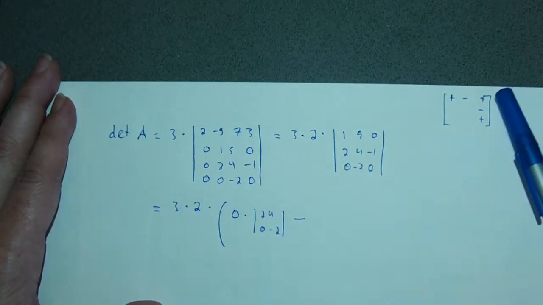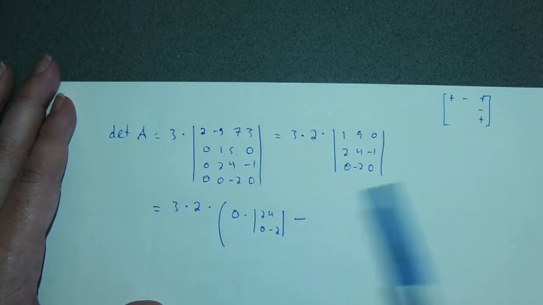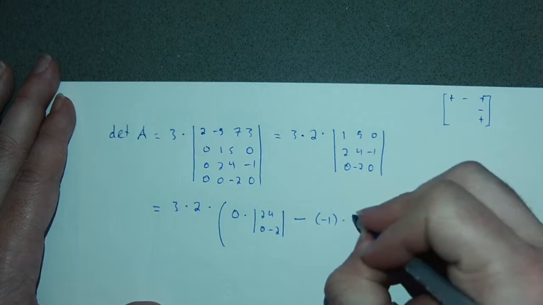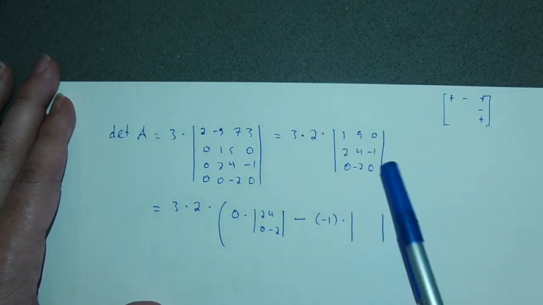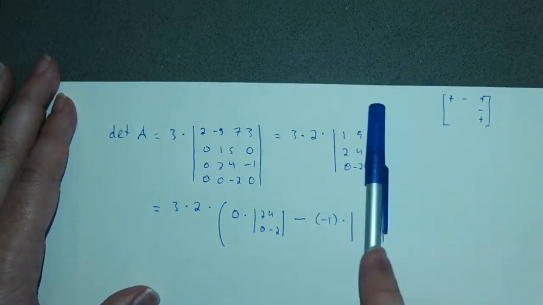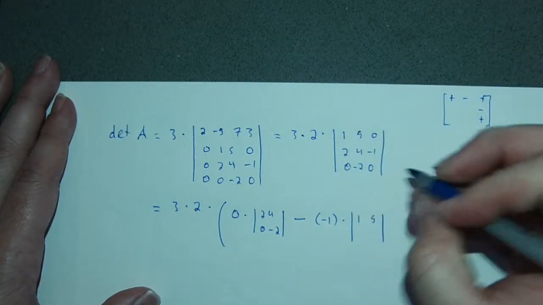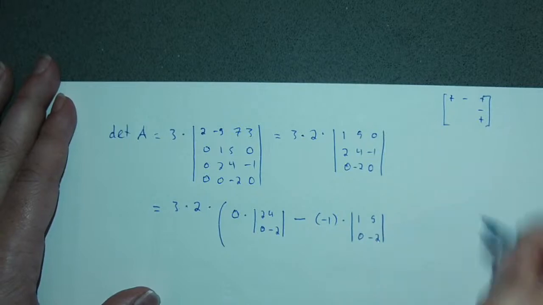Then, plus, minus, plus, so plus 0 minus minus 1 times the determinant of the 2 by 2 I get from deleting the last column and second row. So that's 1, 5, 0, minus 2.